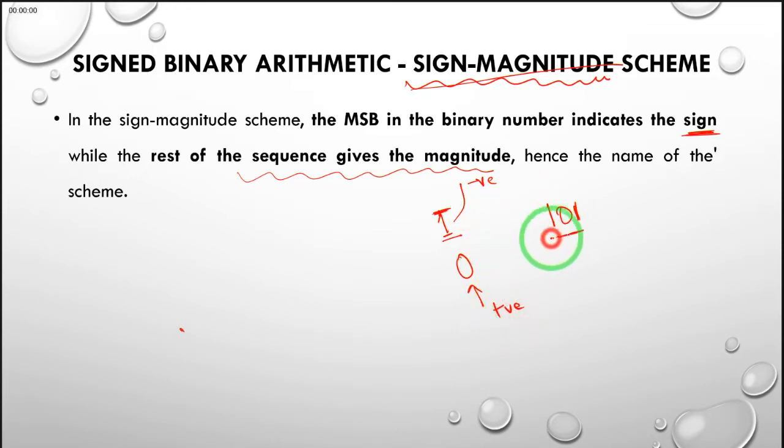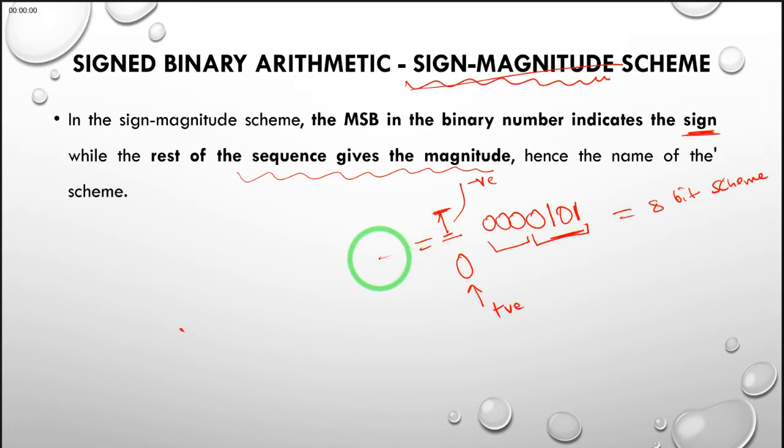So if it is number 5, you append zeros before it so that it forms 7 digits plus 1. Therefore, this is called an 8-bit scheme. In a similar manner, this is equivalent to minus 5, because it has a 1 appended before the other digits that represent the magnitude of 5.